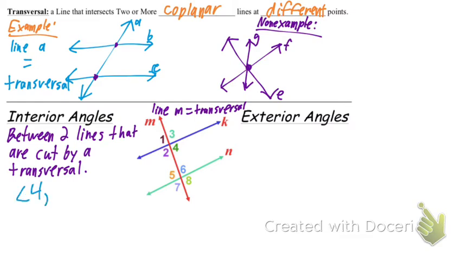Angle 6 is between these 2 lines. Angle 1 is not between the 2 lines. Angle 2 is between the 2 lines, and angle 5 would be the last one. So these 4 angles are all between the 2 lines. Any questions on that? If you don't understand it, right now is the time to ask.